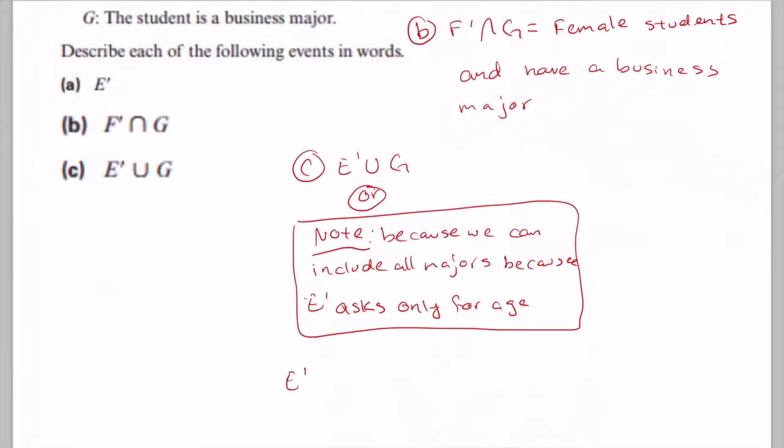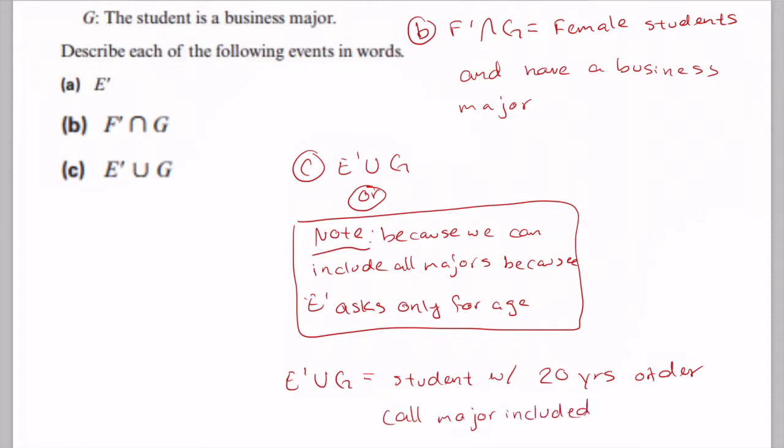So E complement union G is equal to students 20 years or older, all majors included, or business majors.